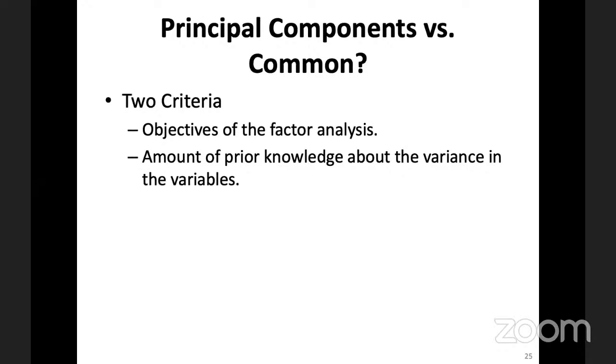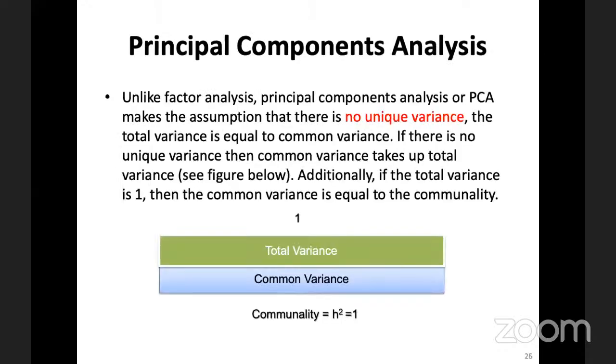In the case of principal component analysis and common factor analysis, we have two criteria. We see what the objectives are, and based on that objective we use principal component analysis, and then on the basis of what knowledge about these variables and their structure we have, we use it.